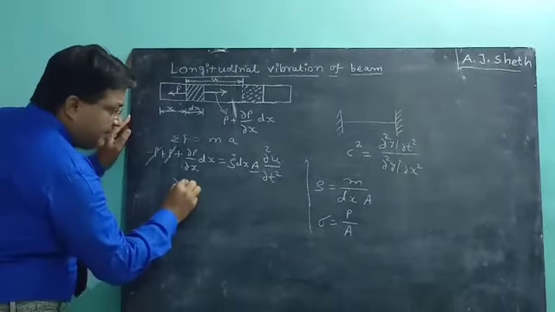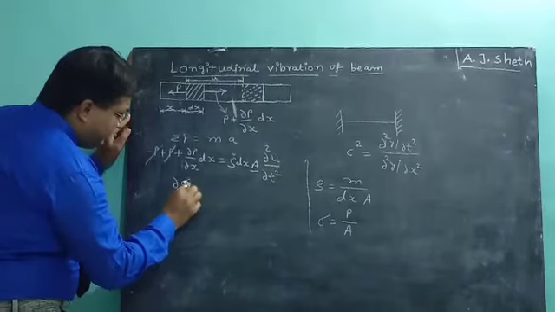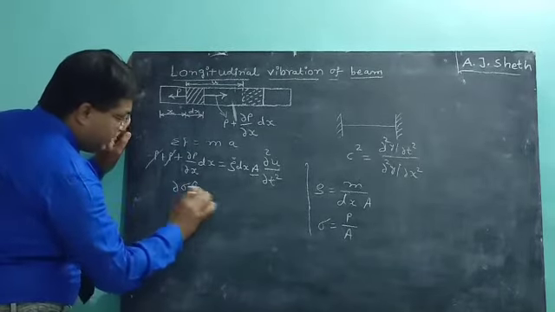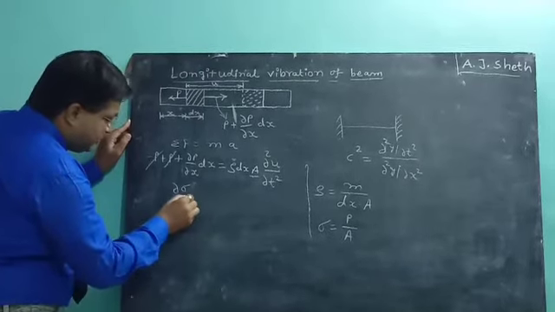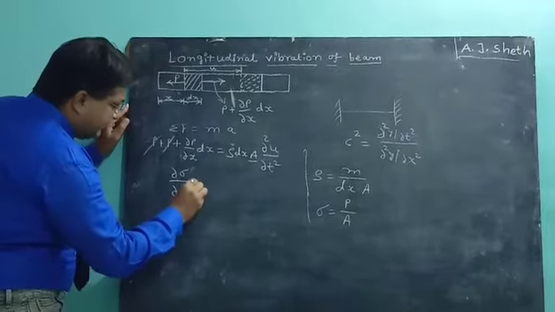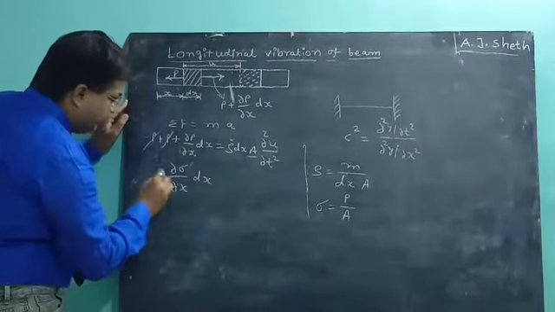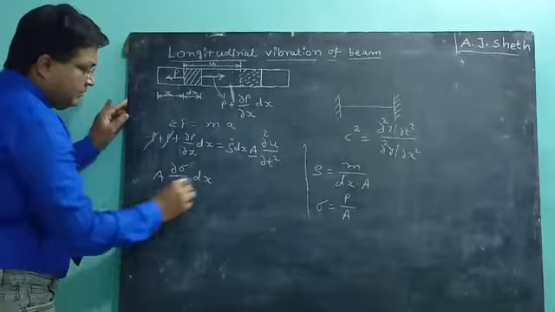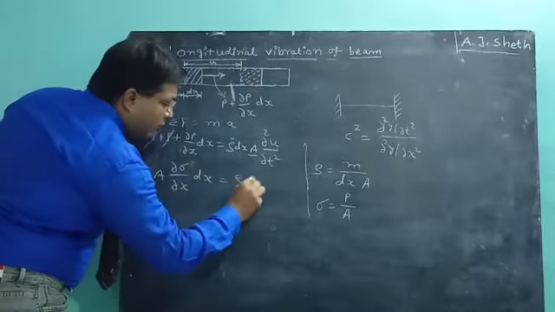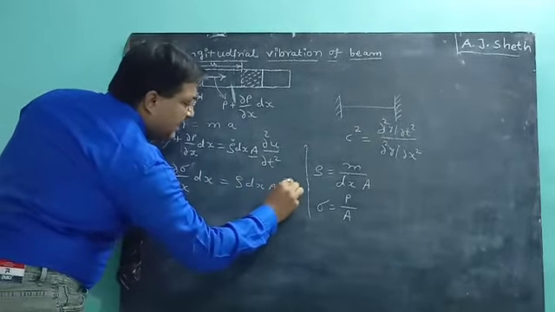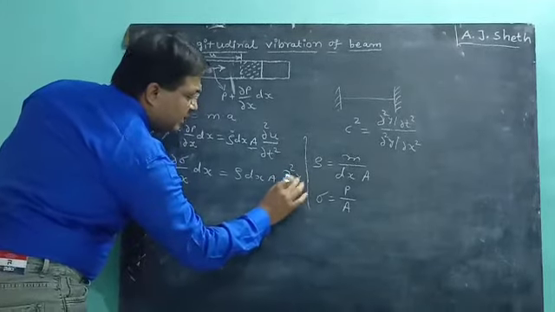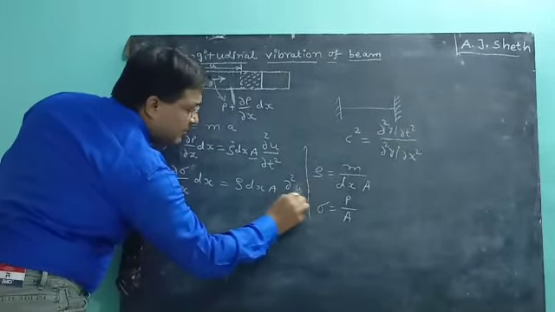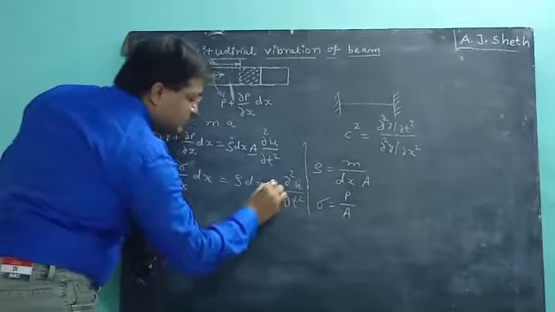Therefore del sigma area, and area is constant, so del sigma by del x into dx area is equal to rho dx area del square u by del t square.